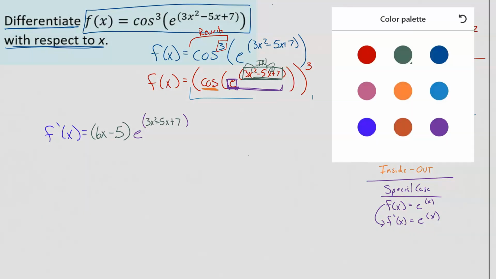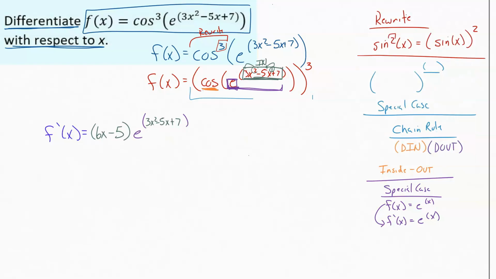Then we move it out another layer. So I move it out from that e, and outside that e is this cosine function. Well, guess what? That's another special case derivative that you need to be able to identify. So if f of x equals the cosine of x, the derivative of the cosine of x is negative sine x.